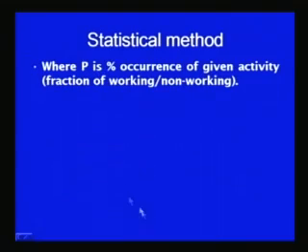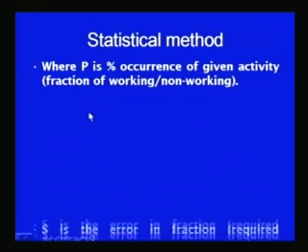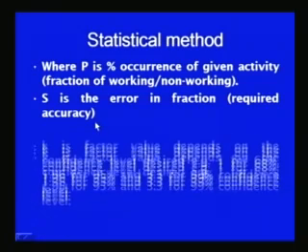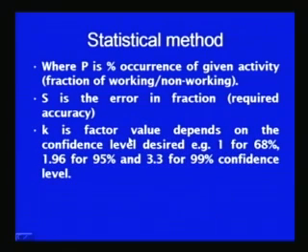where P is the occurrence of a given activity that is obtained from the fraction of working or non working out of the total observations. S is the error in fraction, that is the required accuracy. K is the factor whose value depends on the confidence level desired.